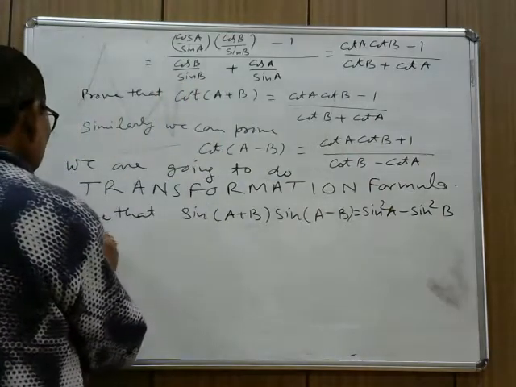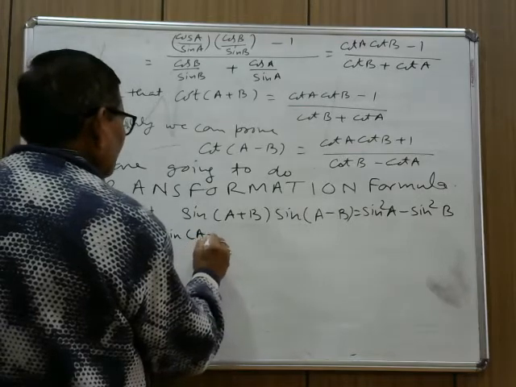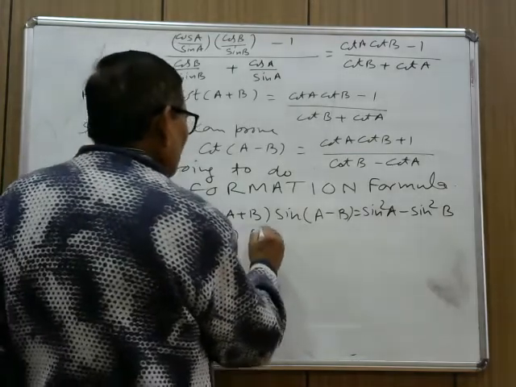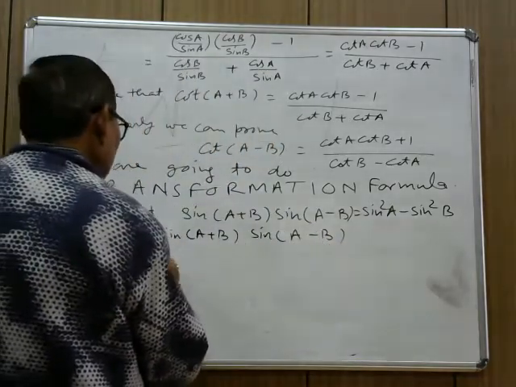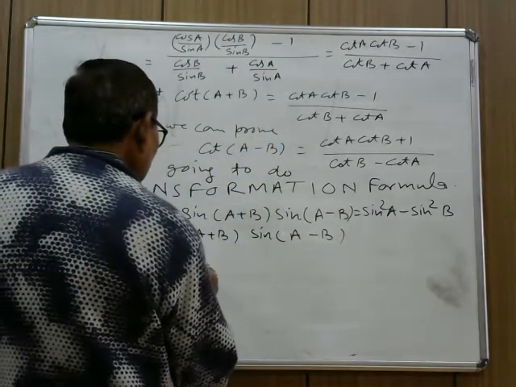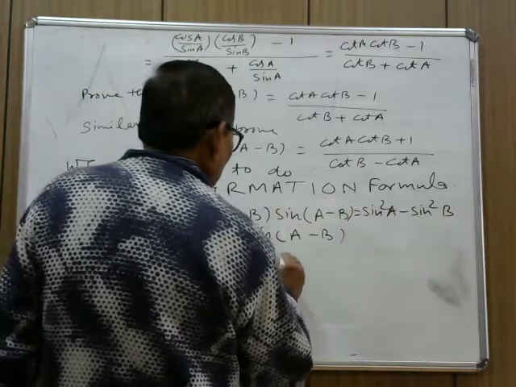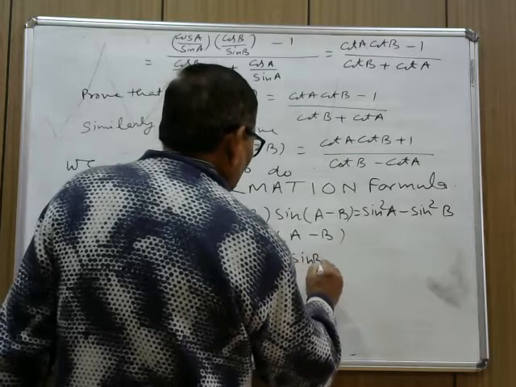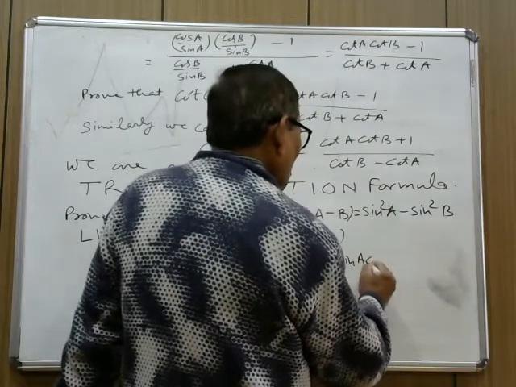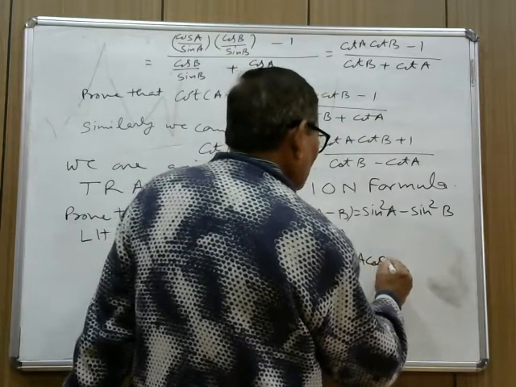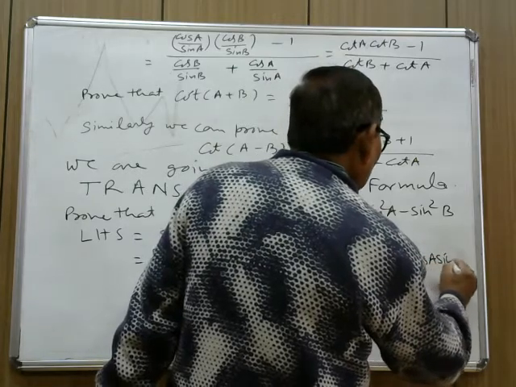So LHS equals sin(a plus b) into sin(a minus b). This can be written as (sin a cos b plus cos a sin b) into (sin a cos b minus cos a sin b).